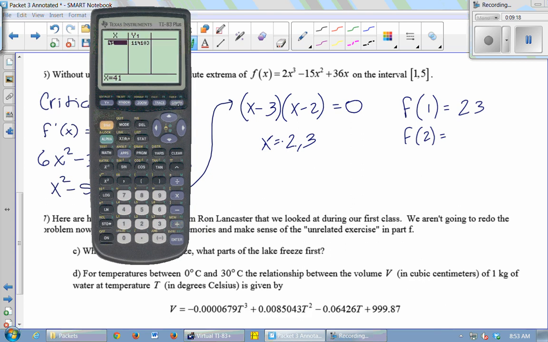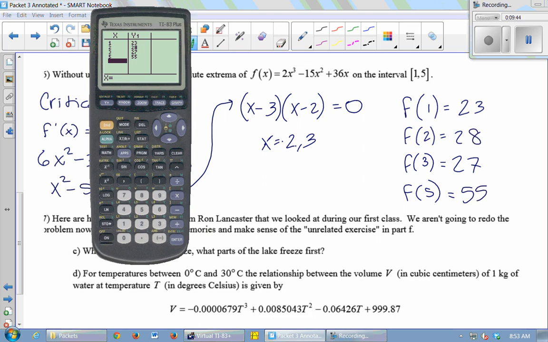Let's go to my table. Check the 1. Yep. 2, I get 28. F of 3, 27. And f of 5, the other endpoint of the interval, is 55.